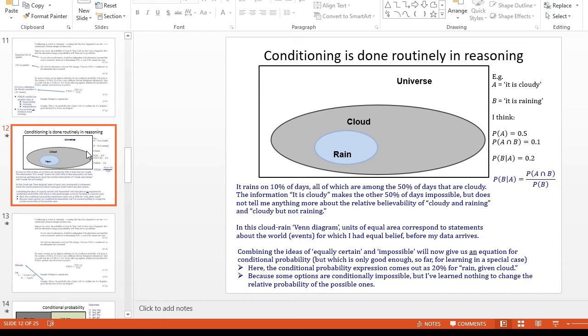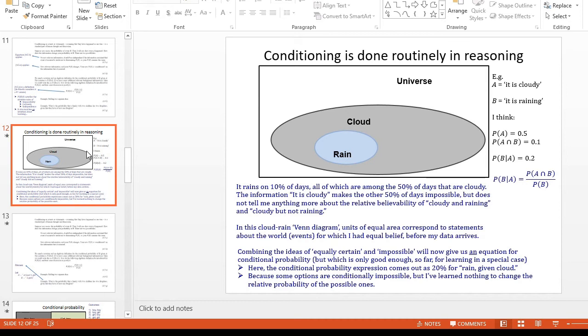So what you will hopefully easily understand is that this describes an intuitively correct way of doing conditional probability for our degree of belief in some conclusion. The situation is it rains on 10% of days. All of those days are among the 50% of days that it is cloudy.